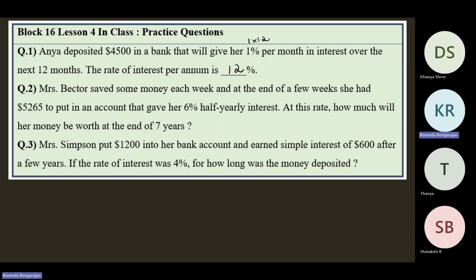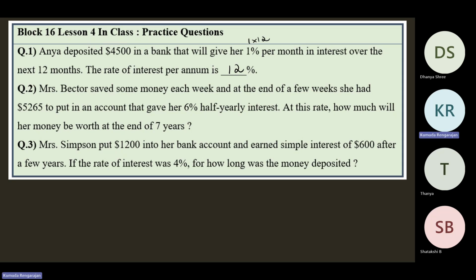Next one. Mrs. Bector saved some money each week. And at the end of a few weeks, she had $5,265 to put in an account that gave her 6% half yearly interest.